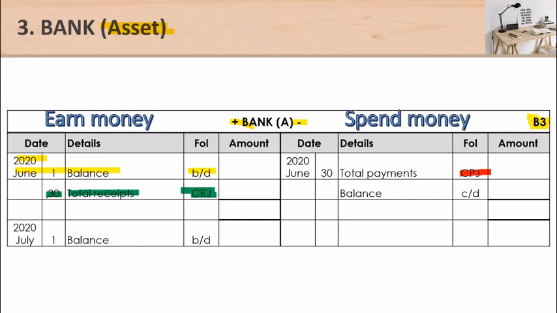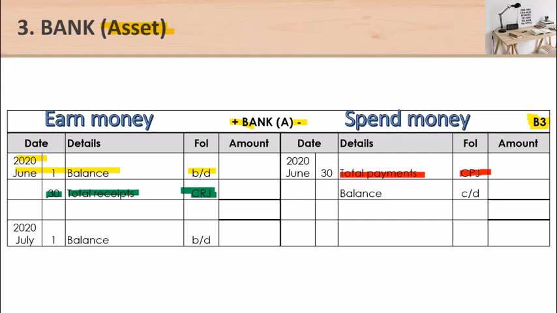And we can make many different types of payments. Payments for accounts like water and electricity or telephone. Payments when we're buying stuff like stationery, equipment, trading inventory, etc. And we don't write all of them individually. We just say total payments. And that's it. That's what you write in your bank account. And then you just balance it. Okay. Please don't write anything else in here.